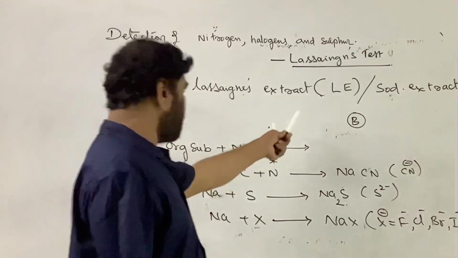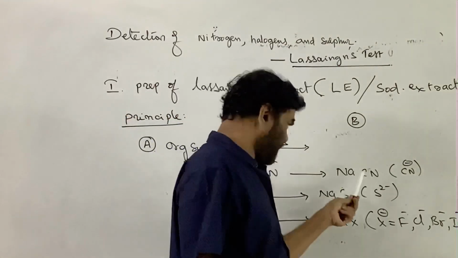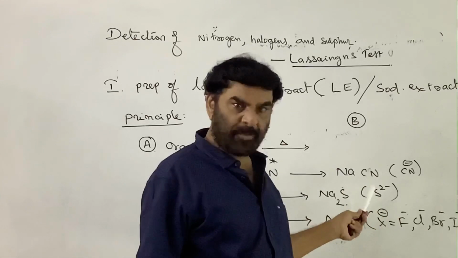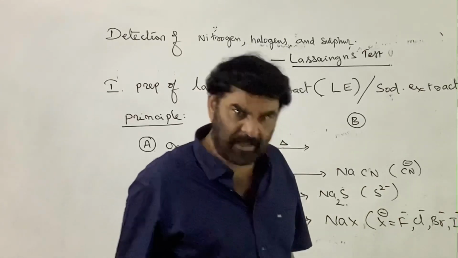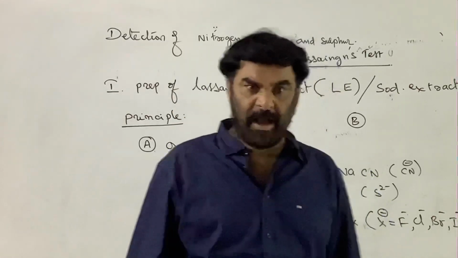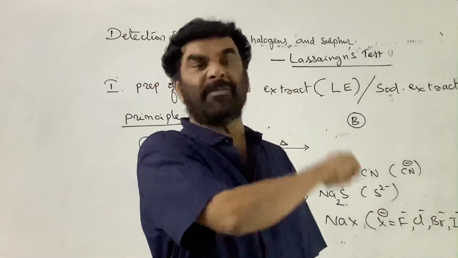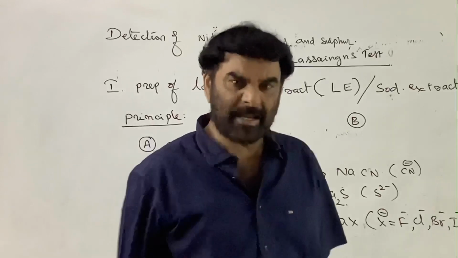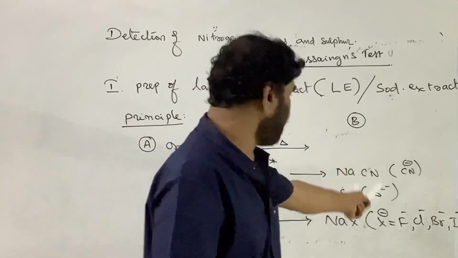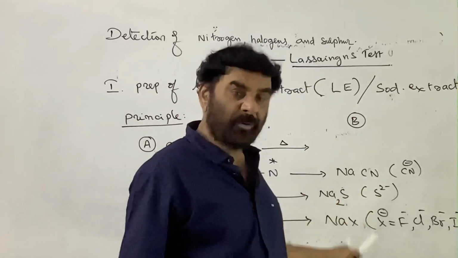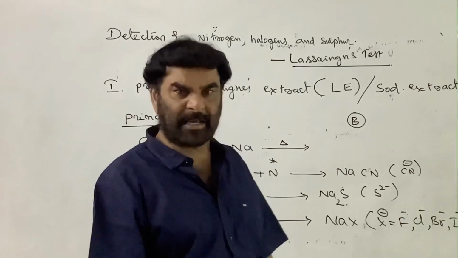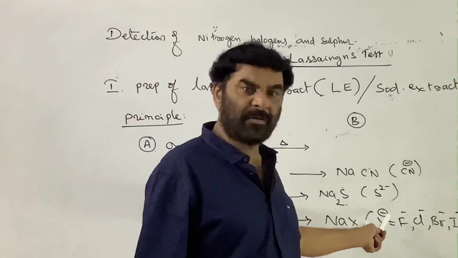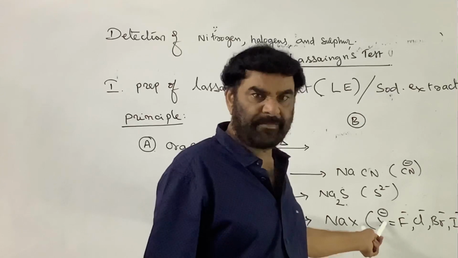To detect nitrogen in the organic compound, carry out the test on the Lassaigne extract to find the presence of cyanide ion, not nitrogen, because the organic nitrogen is in the form of cyanide ion. To detect sulfur in the given organic compound, you carry out the test for sulfide ion.